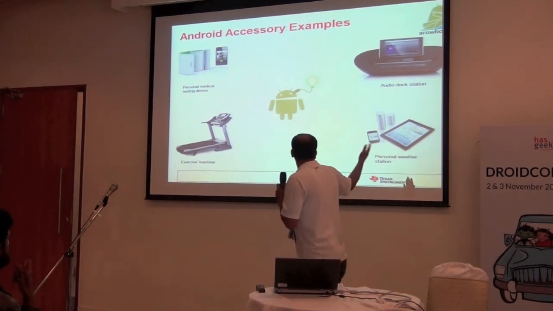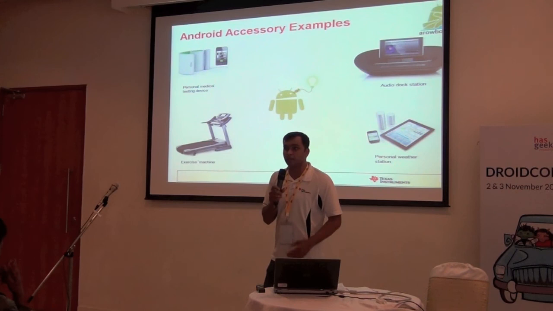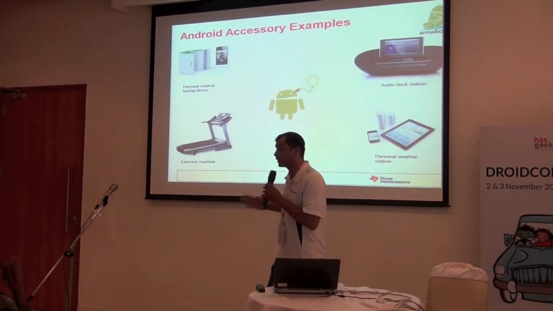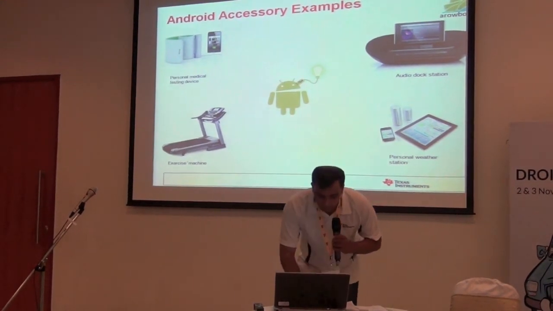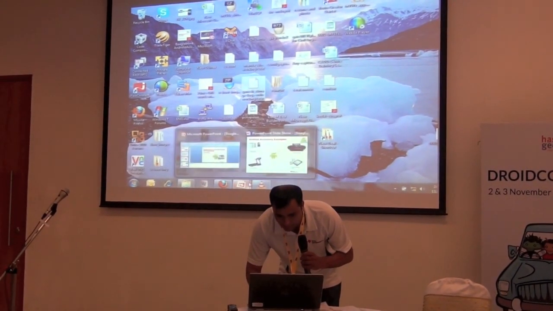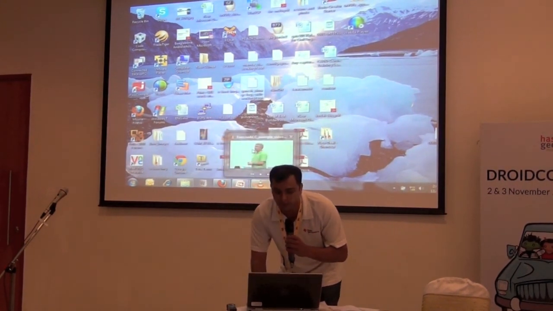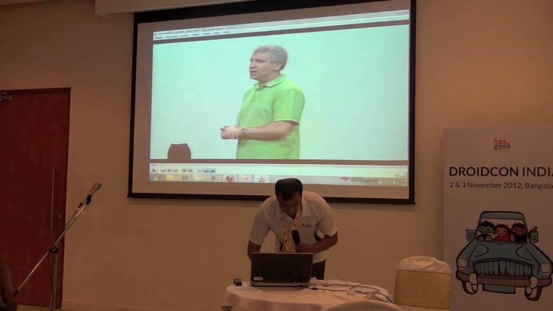Or it can be a personal weather station where it will give humidity, temperature and atmospheric conditions on your device. Or it can be an exercise machine. I will show you one demo video for this. So this video is taken from Google Keynote Day 2011. So let's just start it.